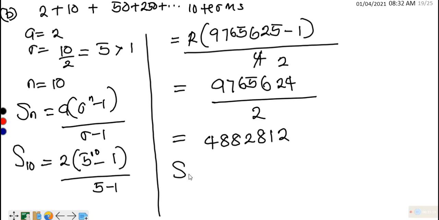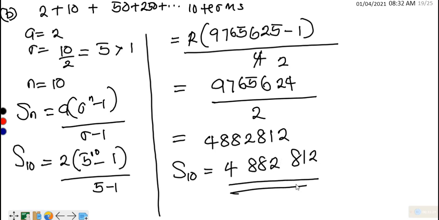So therefore S10 equals 4,882,812. So that is the sum of the 10 terms of that series.